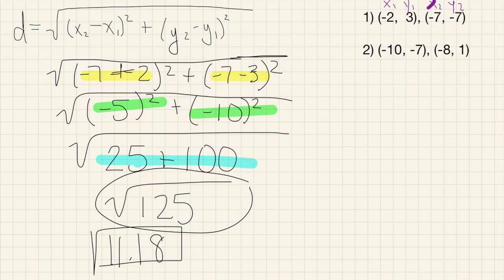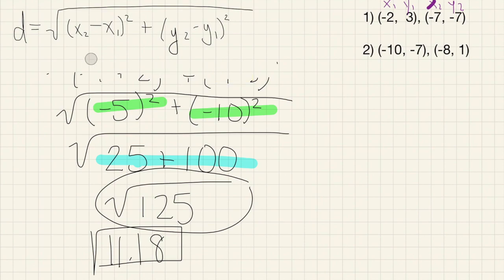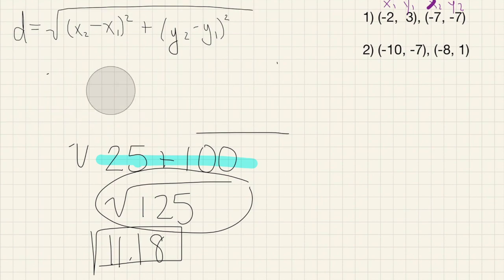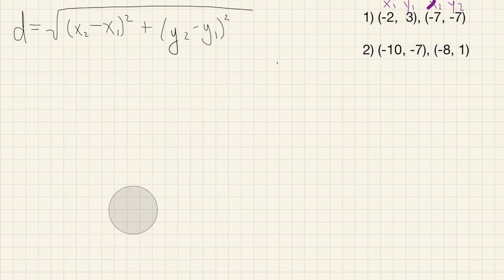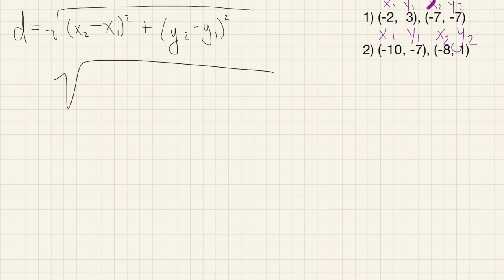All right, so let's go ahead and look at the next one. Go ahead and erase all of this. First I'm going to label my x1, y1, and x2, y2, and start plugging them into my equation.